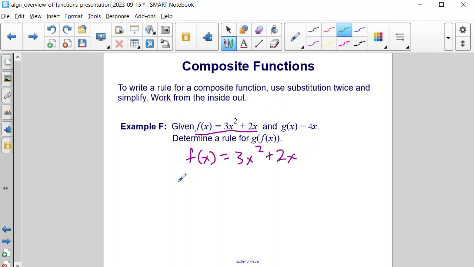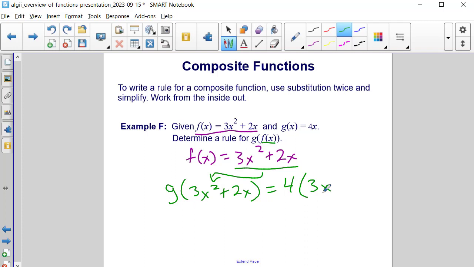And now for g, we're finding g of f of x. So this entire thing goes into the parentheses, 3x squared plus 2x. And now we're going to take this entire expression and substitute it in for x in g. So we have 4 times 3x squared plus 2x.